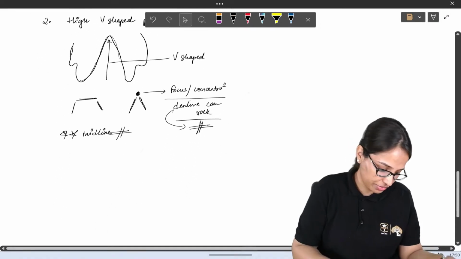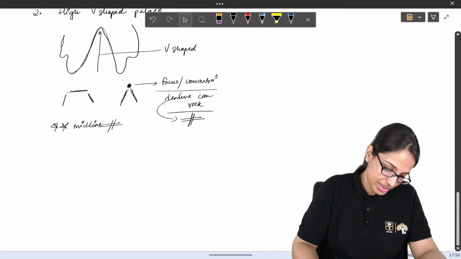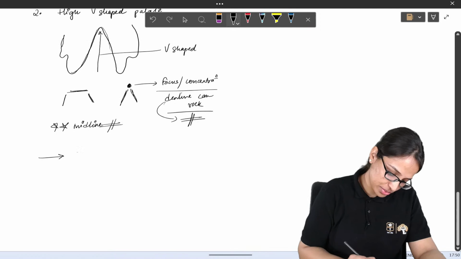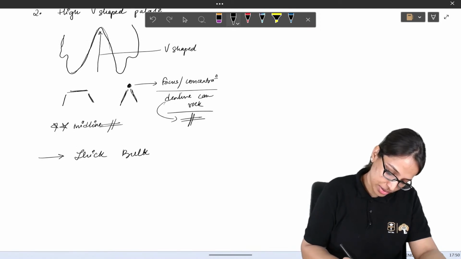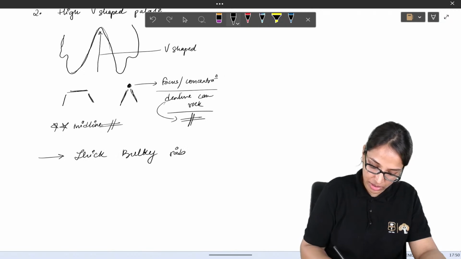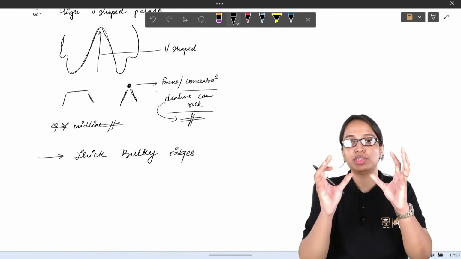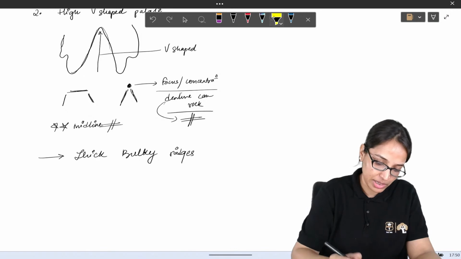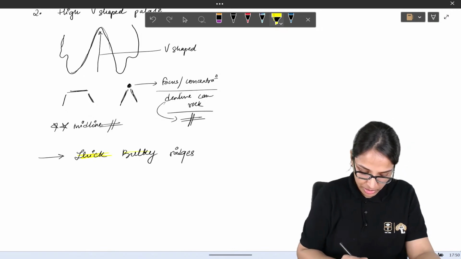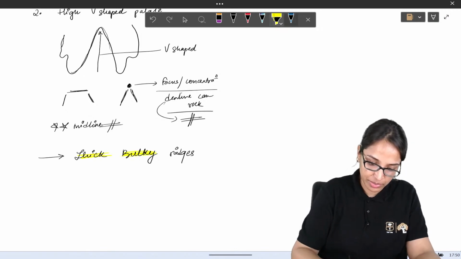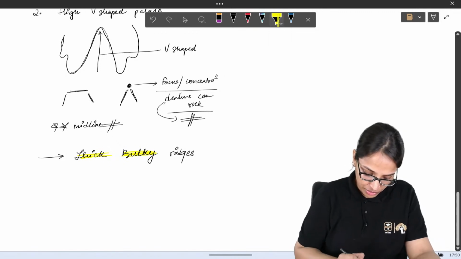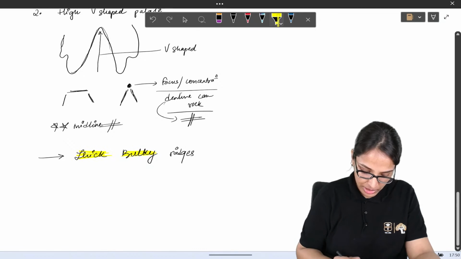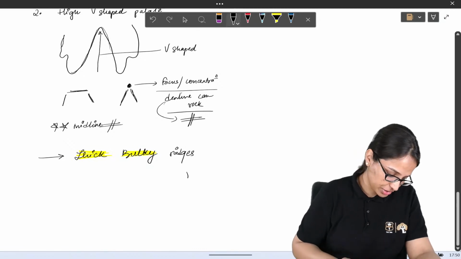That is the most common feature that we see. Where is it associated with? You see very thick, bulky ridges which are high in volume, and you will see a lot of V-shaped palate present.